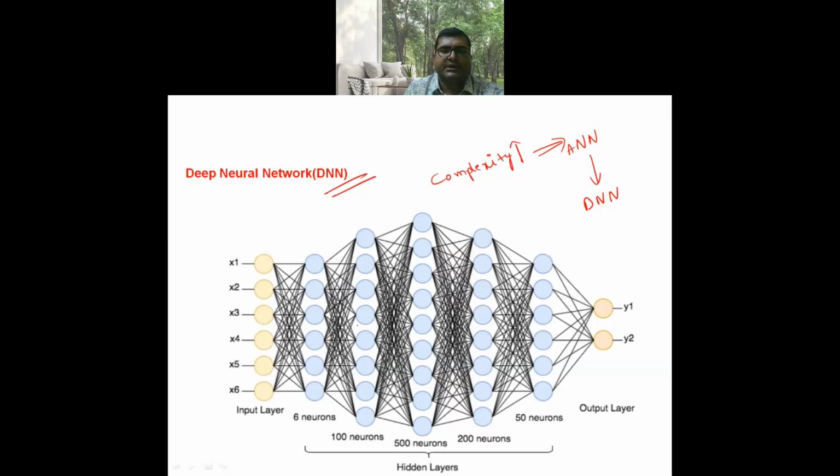Based on complexity, we can call an artificial neural network a deep neural network. The complexity means the number of input layers and output layers, the number of neurons in input and output layers, and the number of hidden layers.